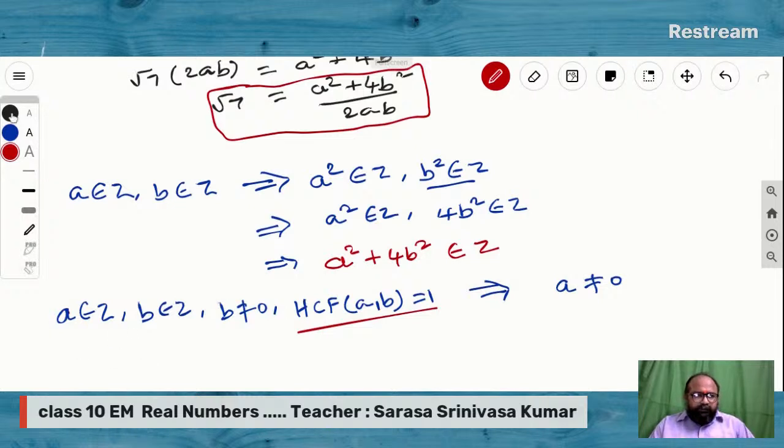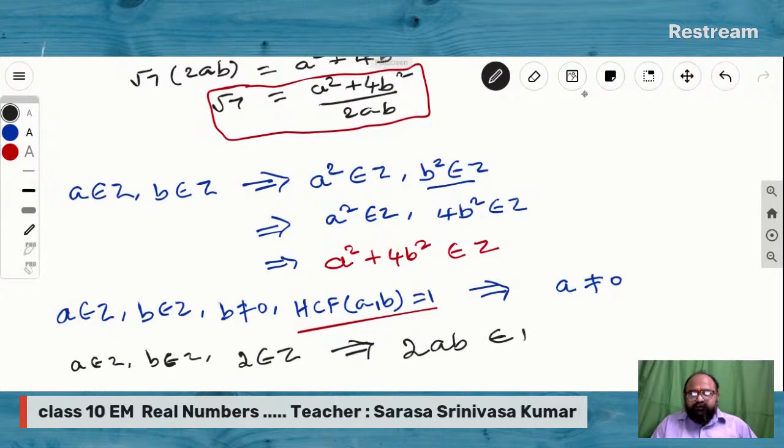Now we write the step: a is an integer, b is an integer, 2 is an integer, implies that 2ab is also an integer.